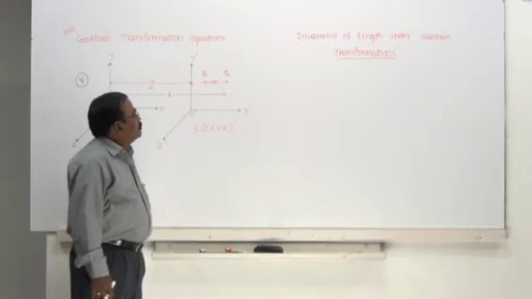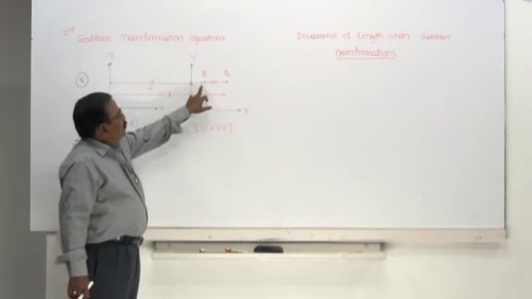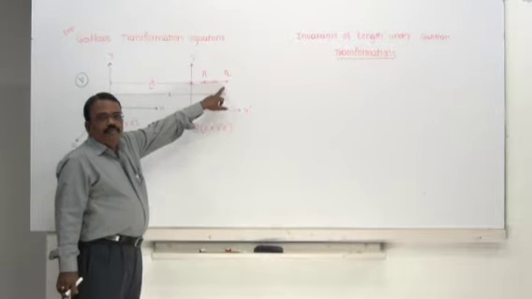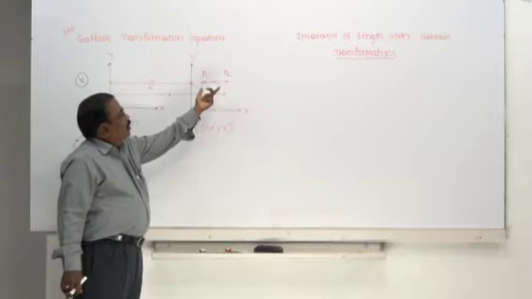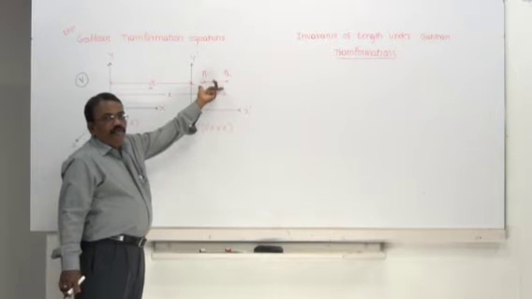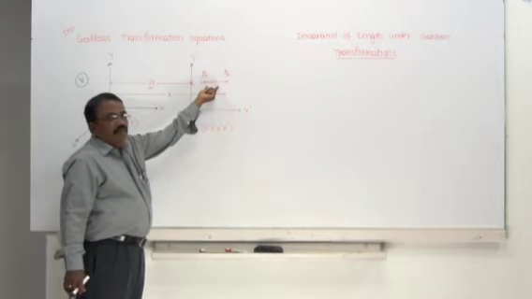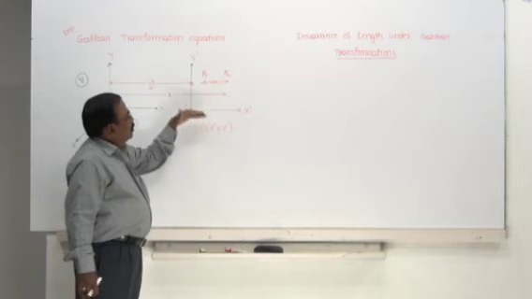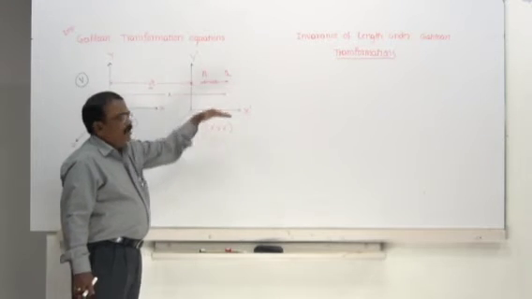See, consider here P1 and P2 are two events separated by some distance delta x along this x direction.